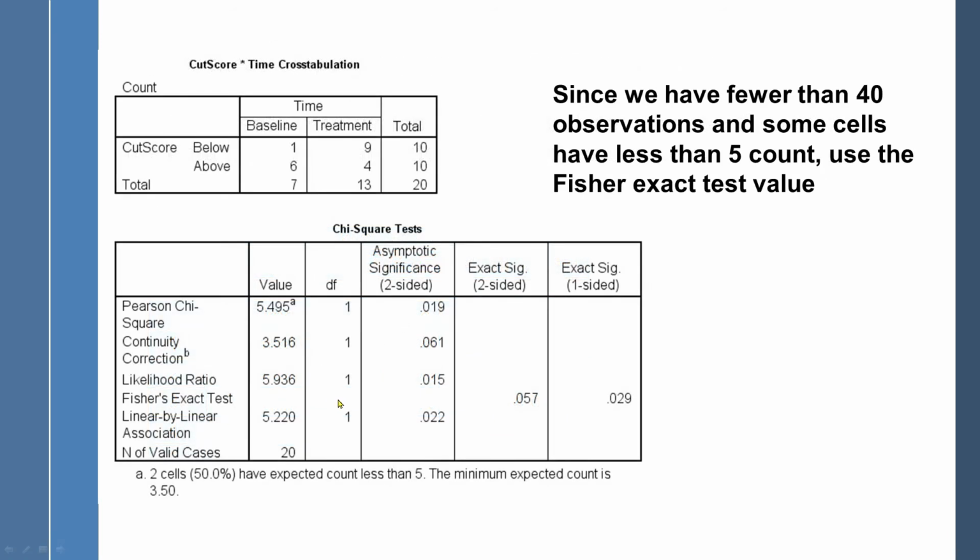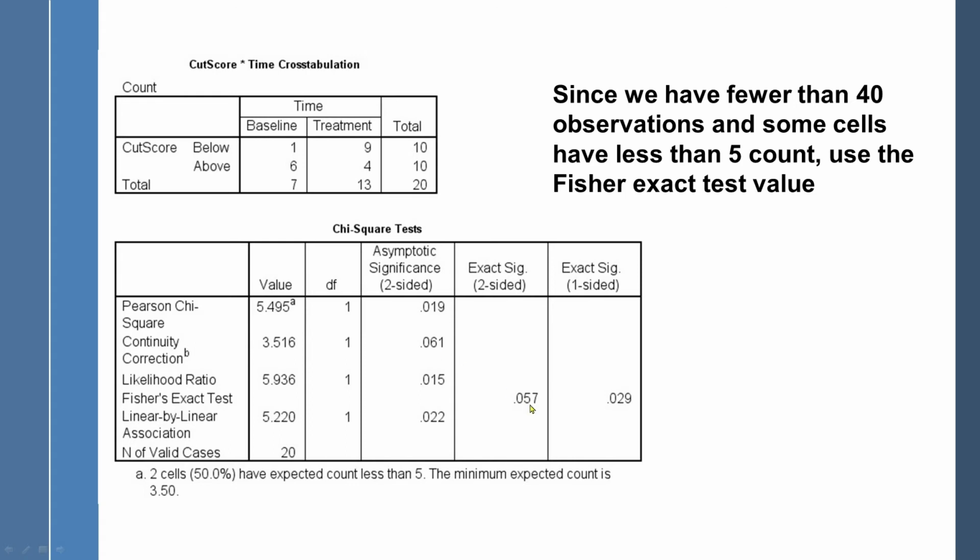So we take our output, and since we have fewer than 40 observations, and because some cells have less than 5, you should use the Fisher exact test. If you had more data points, and if you had all cells having greater than 5 observations, then you can use the chi-square value, but use the continuity correction for that.